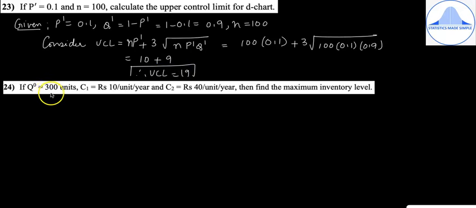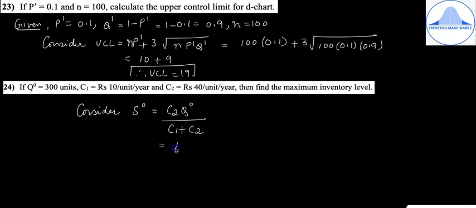24th question. If q to the power 0 is 300 units, C1 is rupees 10 per unit per year and C2 is rupees 40 per unit per year, then find the maximum inventory level. So this is model 2 of the inventory chapter, that is inventory with shortages. So let us write the formula for the maximum inventory level. So consider S to the power 0 is equal to C2 into Q to the power 0 divided by C1 plus C2.